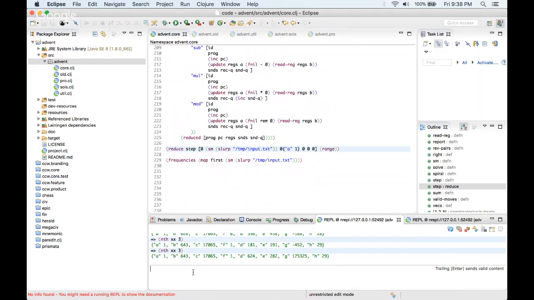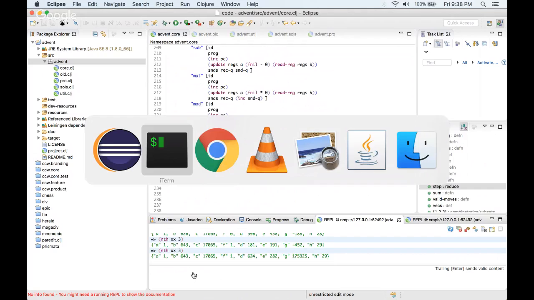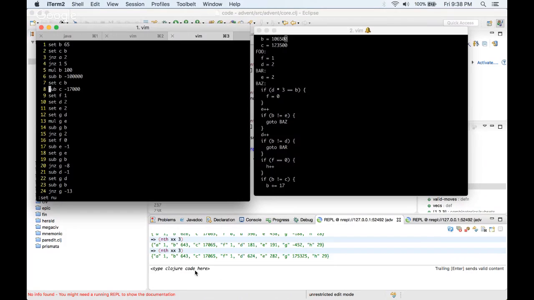We could stare at the program a little bit more.